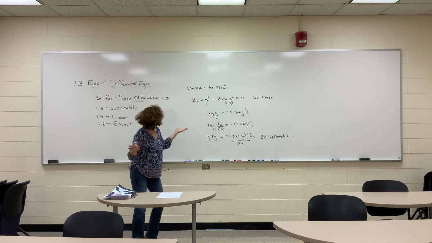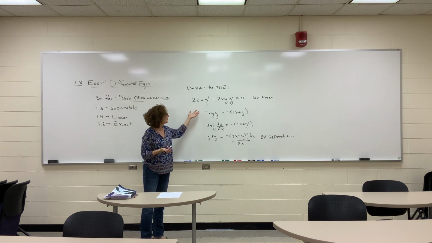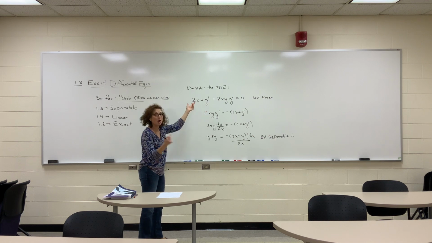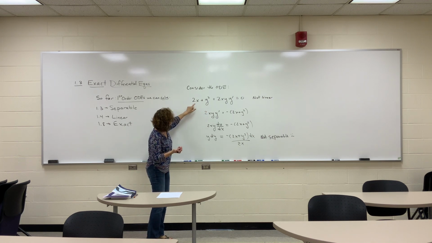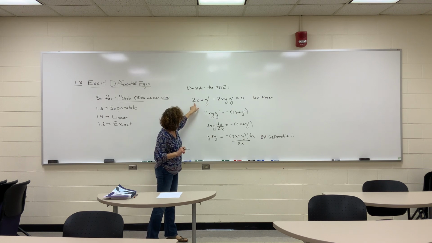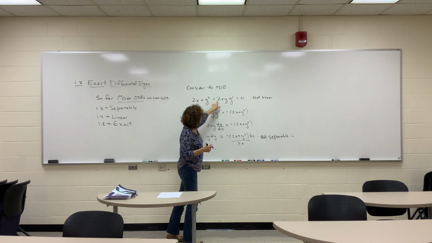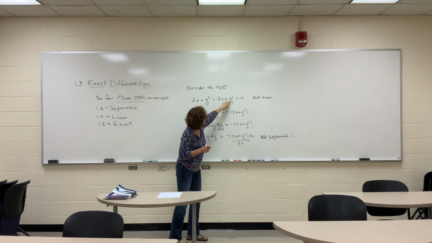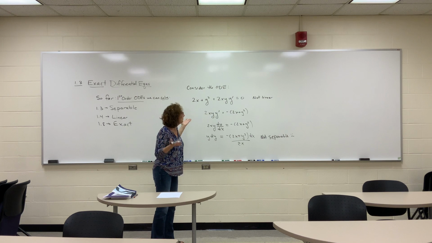Now what? It's not such a horrible looking differential equation, right? What does this equation say? Find me all functions out there in the world, y as a function of x, such that 2 times x plus the square of the function plus 2 times x times the function times its derivative ends up being 0, okay?